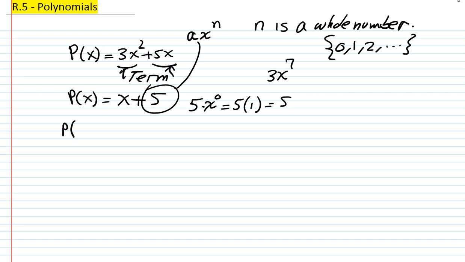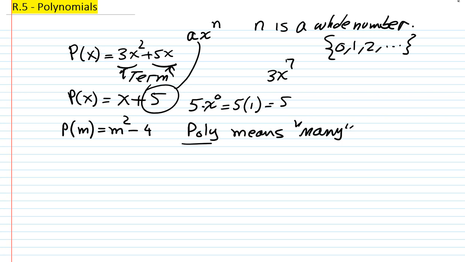Okay, so this is what we call a polynomial in x. I could have a polynomial p in m. This one is going to be m squared minus 4. That's a polynomial in m. Now, the prefix poly means many. So polynomial literally means many terms.